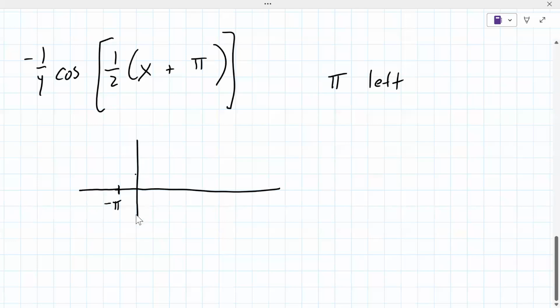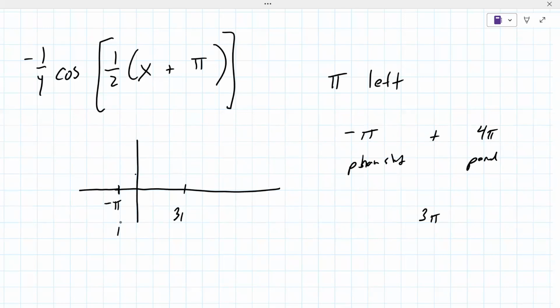What I would tell you to do, which is not typically taught, is if it's left, you take the phase shift and then you add the period. And that's where you actually start. You start at 3 pi. I would tell you to start your graph at 3 pi, not minus pi.